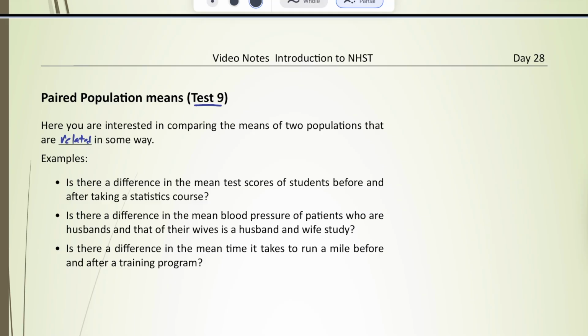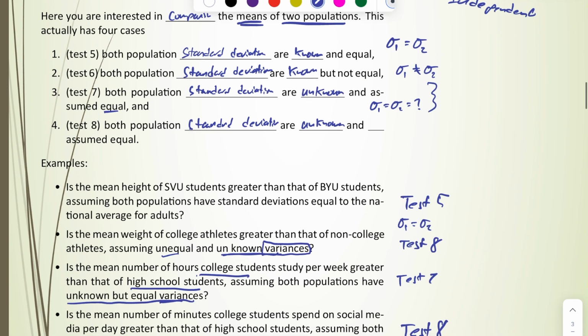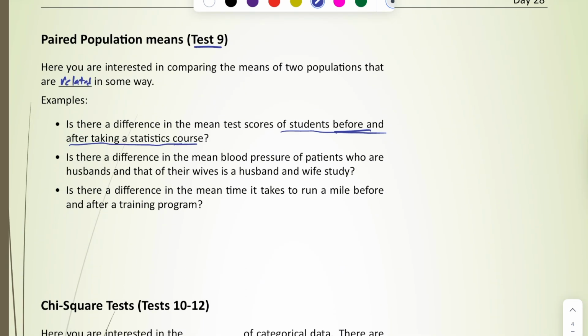An example of that is, is there a difference in the mean test scores of students before and after taking a statistics course? So before is one population, after is another quote-unquote population. It's the same people, but there's something different about them, and so you could call it a different population. However, they are related to each other. And so you couldn't do something over here because we assume that they're independent. But this one here, it's okay.